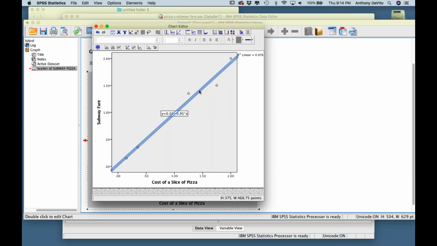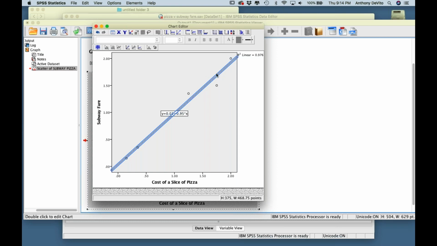It's choosing a straight line that takes the square of the distance between the value you would have predicted with the line and the actual value, takes the square of them, and tries to balance them below and above the line.